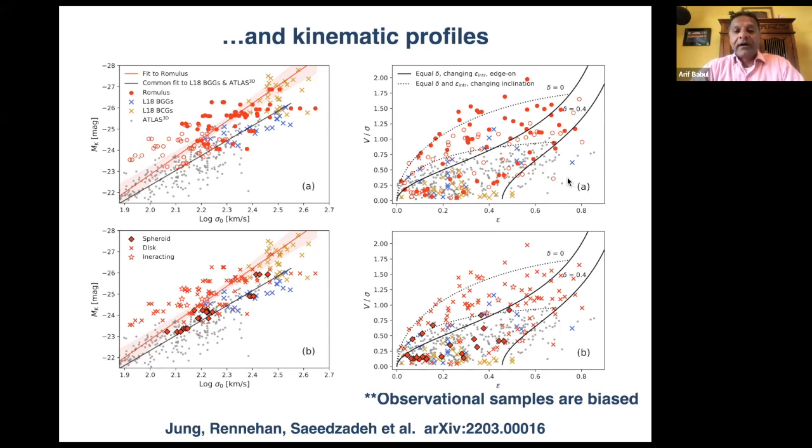They tend to target systems with elliptical or early type central galaxies. And so when you separate out spheroidals versus disk systems in Romulus, these are in the lower two panels, you see that the simulation results for spheroidal galaxies in fact agree very well with the observations, but then the rest of the scatter is due to these disky systems.